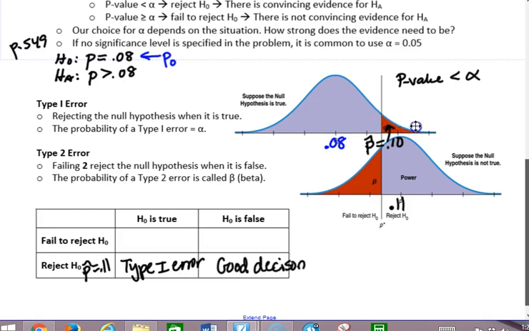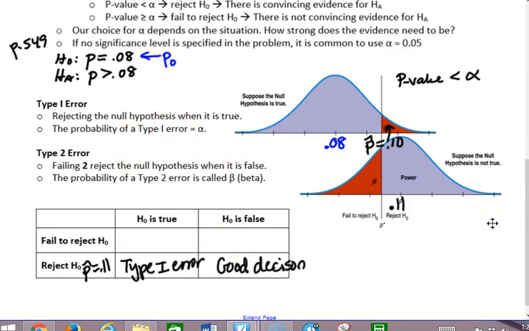But guess what? 5% of my samples from this population are going to be in what's called the rejection region, because I'm looking for any p-value less than 5%. So 5% of the time I could get a sample proportion from this population that would cause me to reject the null hypothesis, even if it's true. So the probability of a type 1 error is just my significance level.